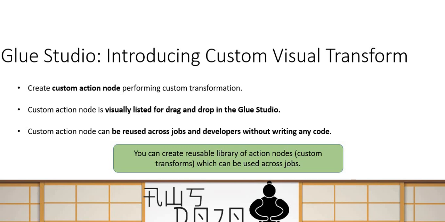Okay, so the most fundamental thing here is that you can create a custom action node and configure it for reusability, and when other developers use it for any kind of transformation, they don't need to write the code. They can simply configure this custom action node and make use of it. When I show you a demo and some examples, it will probably make more sense, how it looks. But I think you must have got the essence now.